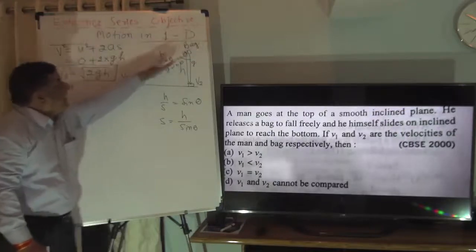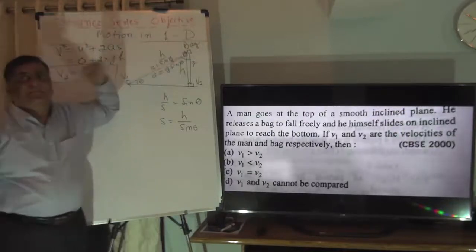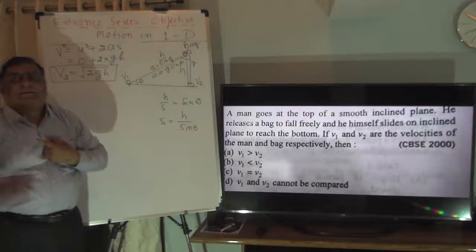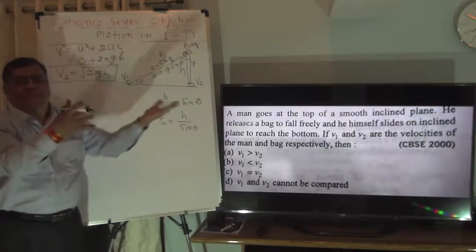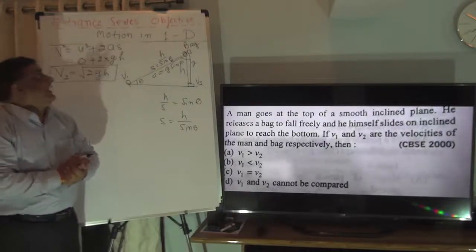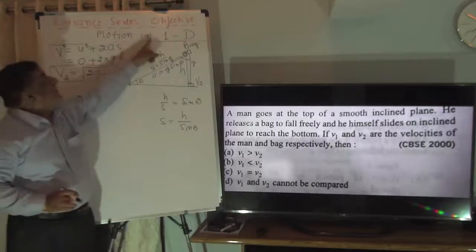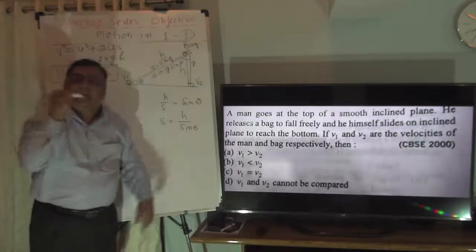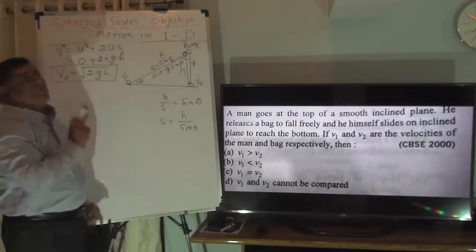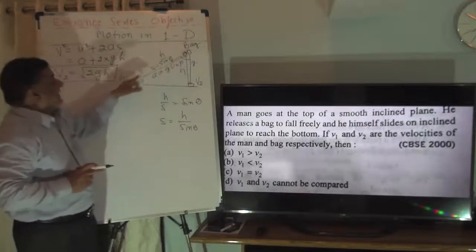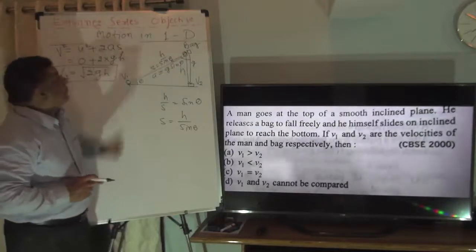Now let's do our calculation in this line, because all our formulas, the three formulas, v is equal to u plus at, etc., are all applicable for motion in one dimension, in a straight line. So we have to make the quantities in this straight line. We have made two quantities.